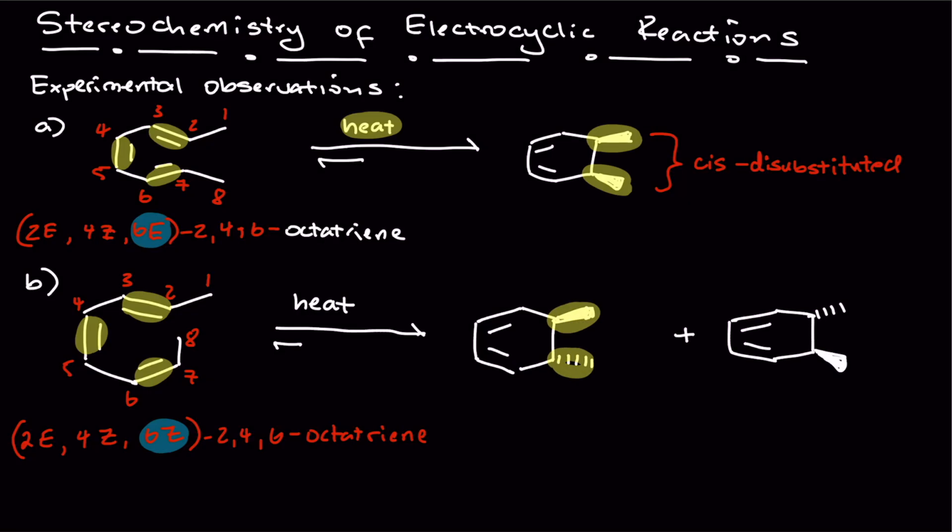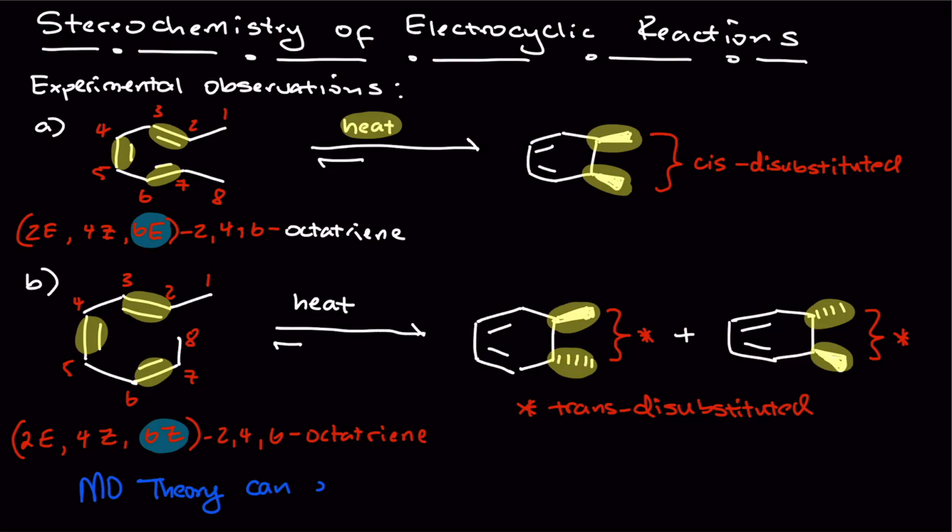So what we are observing here is a clear stereospecificity where the stereochemistry of our reactant is actually dictating the stereochemical outcomes of our products. And so we need to understand what is this origin of selectivity. And it turns out that molecular orbital theory can be used to explain the stereoselectivity of electrocyclic reactions.